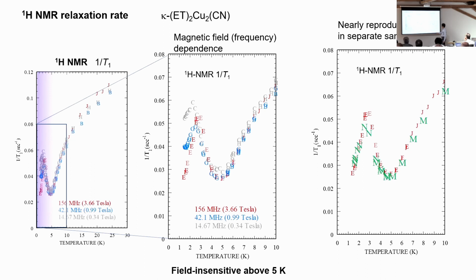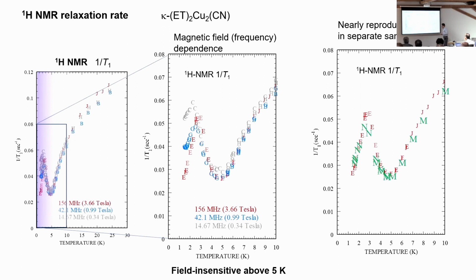And at higher magnetic fields, the peak position is shifted to higher temperatures. This kind of peak formation is sometimes encountered with impurities, so we cannot rule out the effect of impurities. But this feature is not consistent with impurities.